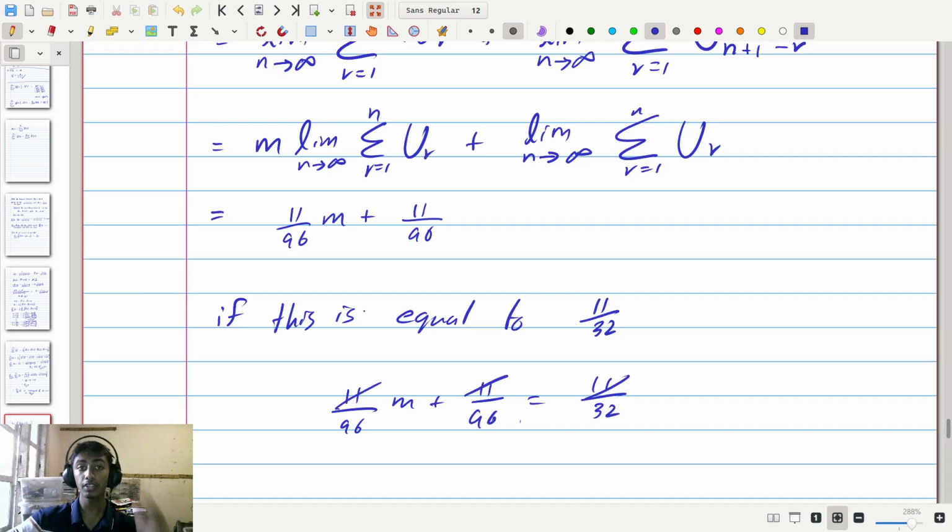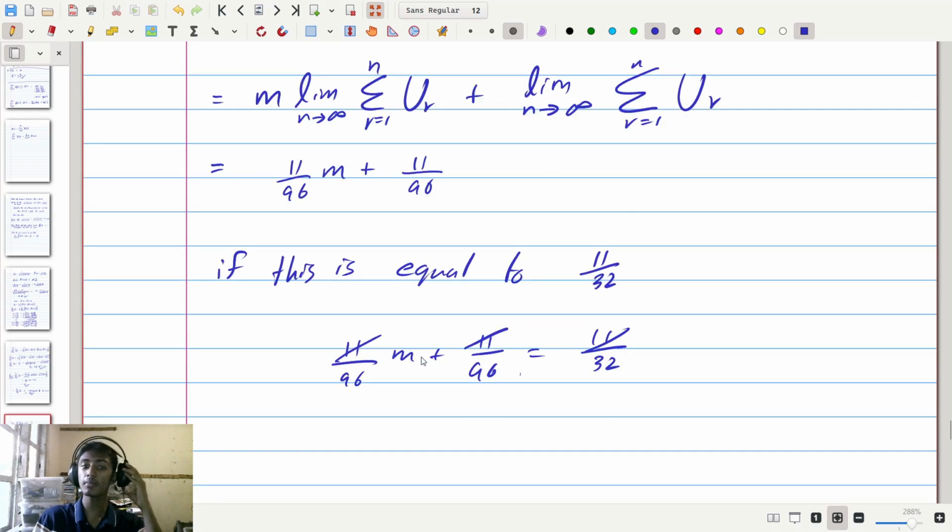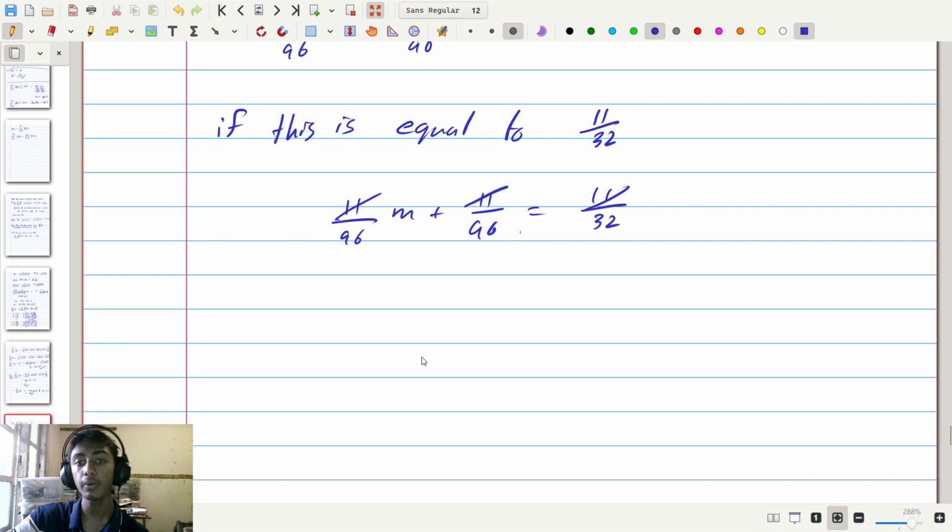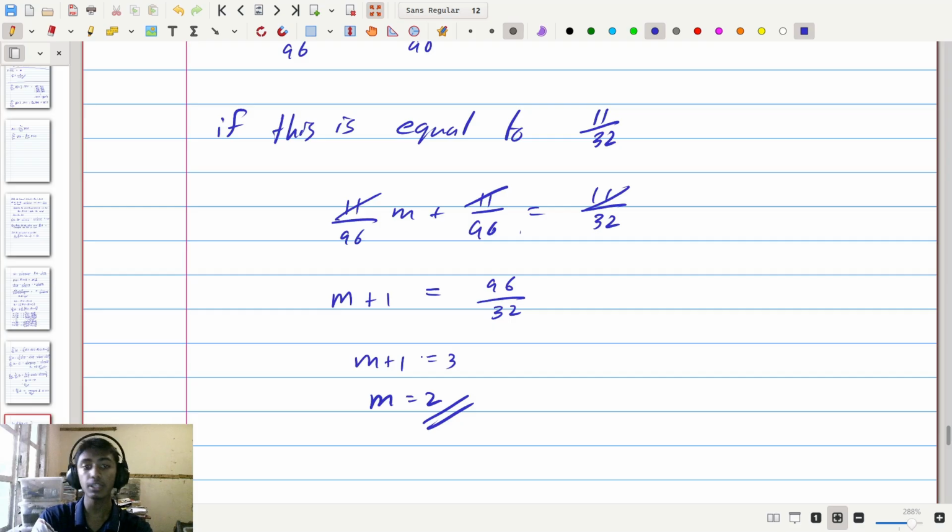This 11 cancels, this 11 cancels, and we have 1 over 96 m plus 1 over 96 equals 1 over 32. If we multiply everything by 96, we can see that m plus 1 is equal to 96 divided by 32. 96 divided by 32 is 3. So therefore, we have m plus 1 equals 3, meaning that m is equal to 2. So we have the equation there, m is equal to 2.